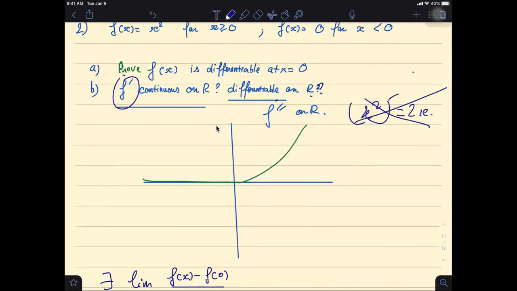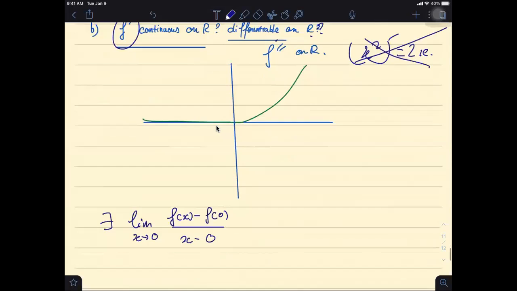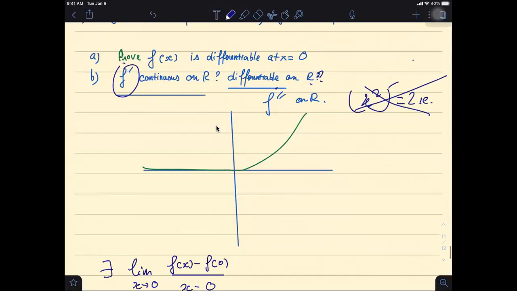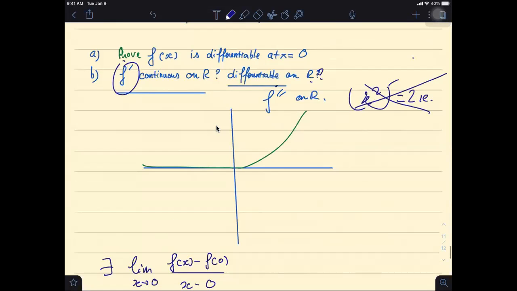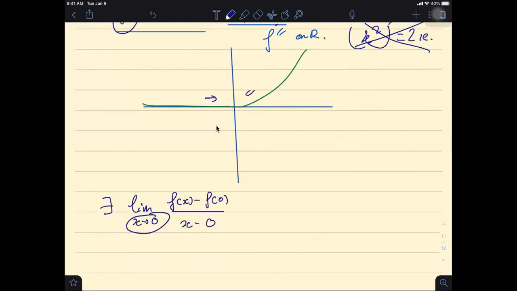Okay. But the first thing is, for the first one, how are you gonna do it? So just apply the definition as x goes to 0, and then use a limit for f of x minus f of 0, divided over x minus 0. Right. But the thing is, when you use the limit, you can go from both sides, from the left and from the right.